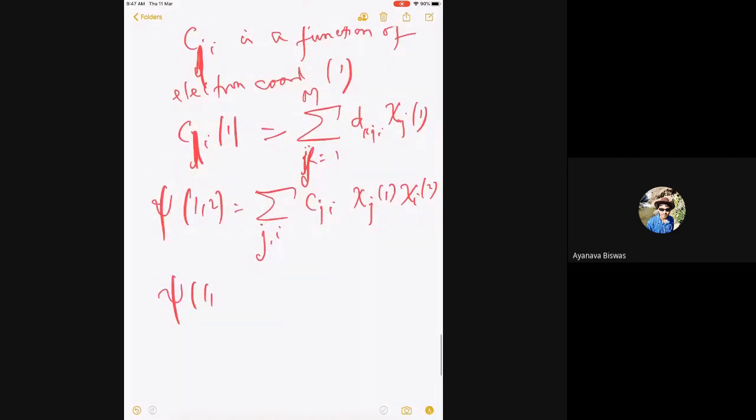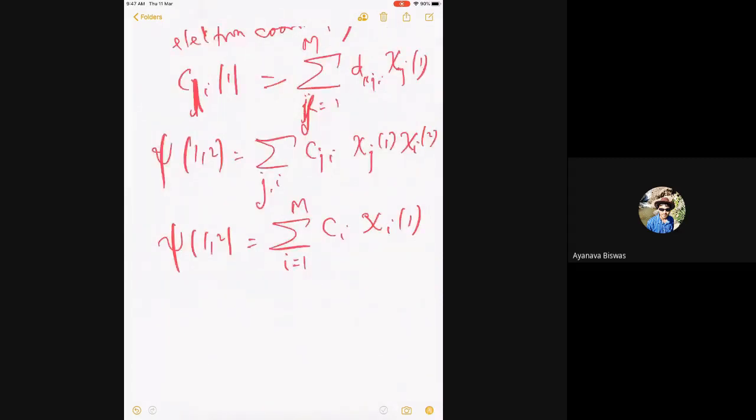So psi 1 2, you don't care which state it is, that can come later, is sum over I equal to 1 to m Ci chi I of 1. But then now Ci is a function of 1. So this I can write as sum over j dji or dij chi j of 2. Chi j of, sorry, this is chi I of 2, this is chi j of 1.